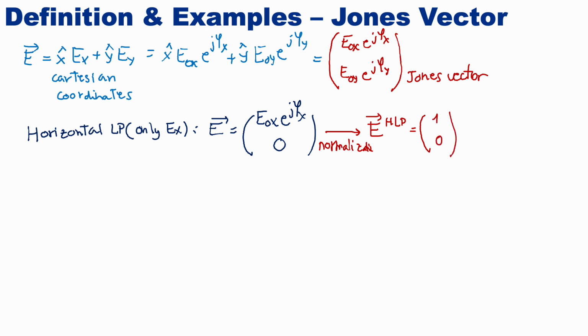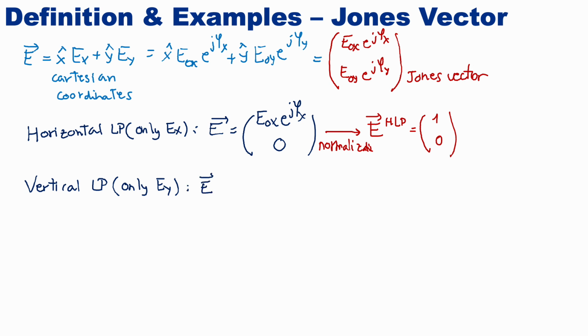Similarly, we can have our vertical linear polarized light. So that's going to be completely orthogonal. So we only have our y component.